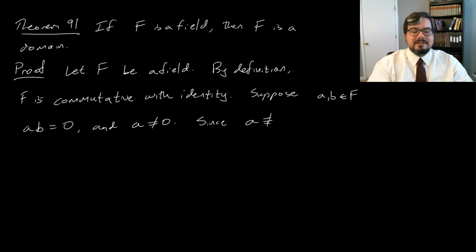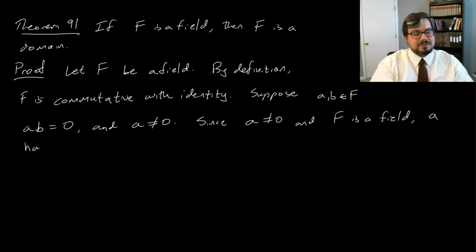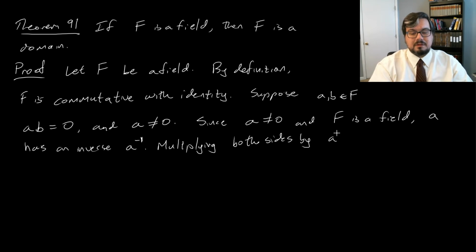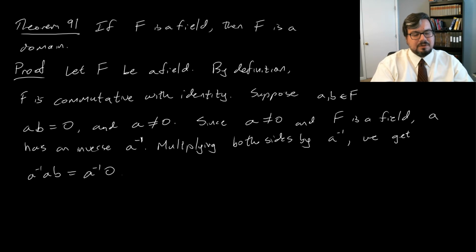Now, since A is not equal to 0 and F is a field, A has an inverse, a multiplicative inverse. So multiplying both sides by A inverse, we get that A inverse AB equals A inverse 0.